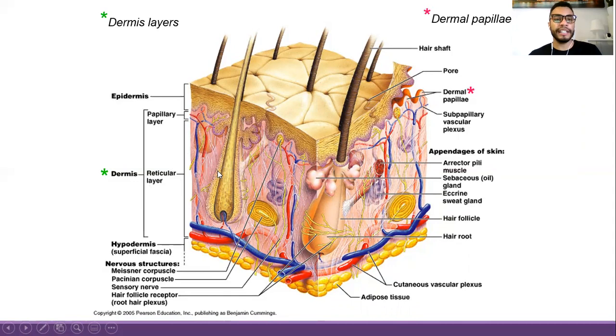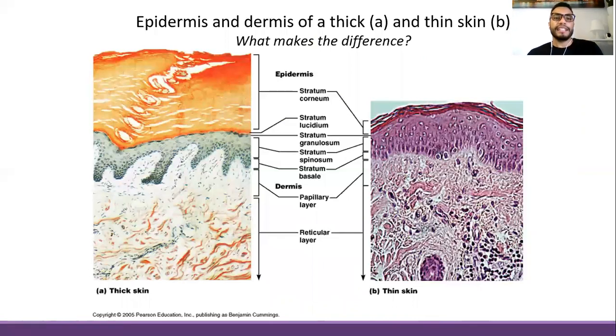In the reticular layer, we have vessels, glands, and nerves, okay? So this is the reticular layer of the dermis. Here I show you, I commented on it before, but there you go again.